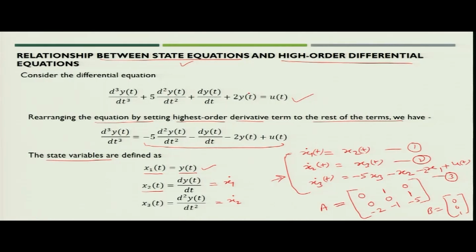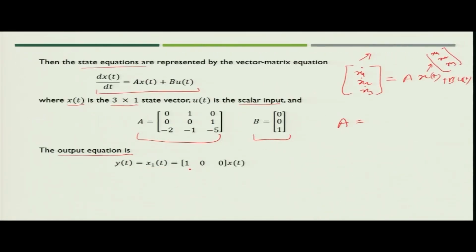If you solve, you get y(t) in terms of the other components. So, y(t) is considered the output variable, and this will be the output equation.